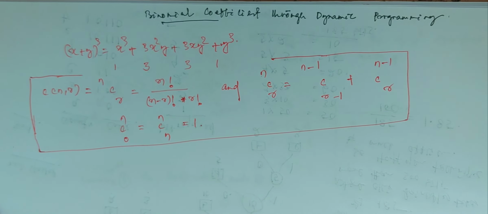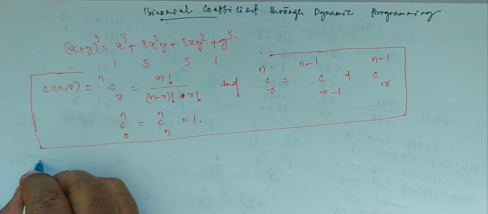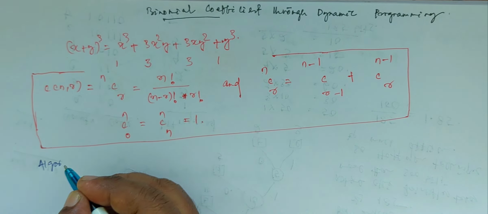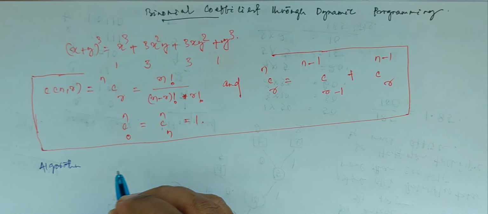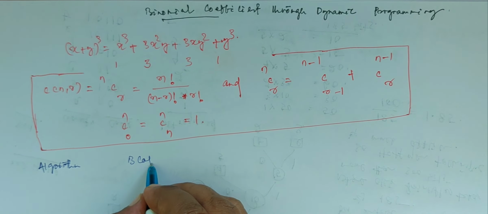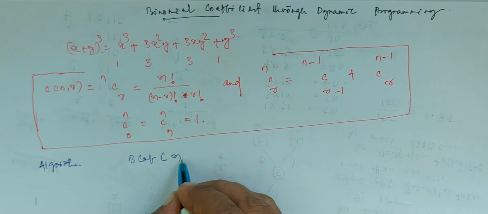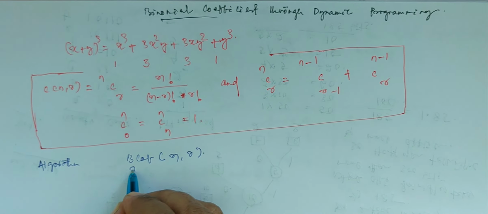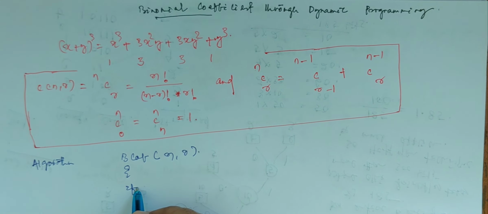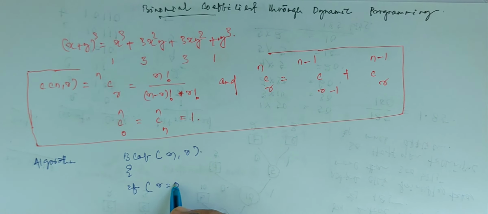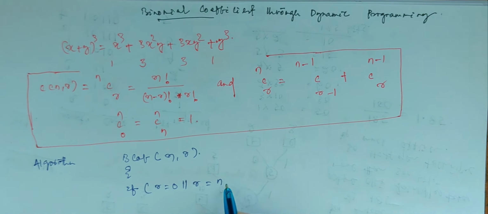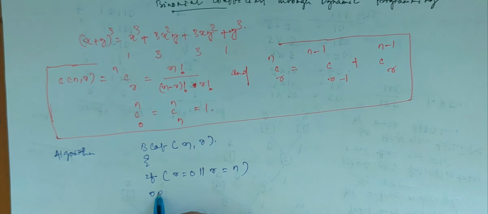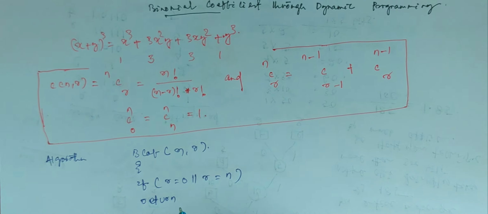So what my algorithm is telling: binomial coefficient of n, r. If r is equal to 0 or r is equal to n, return 1.